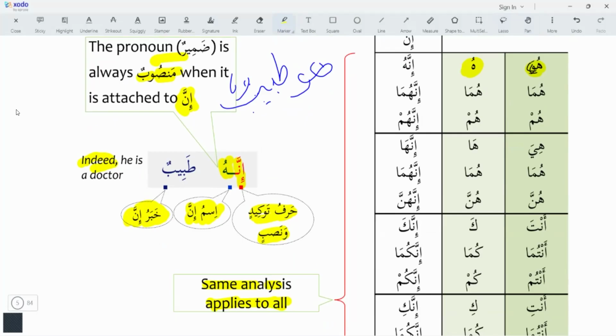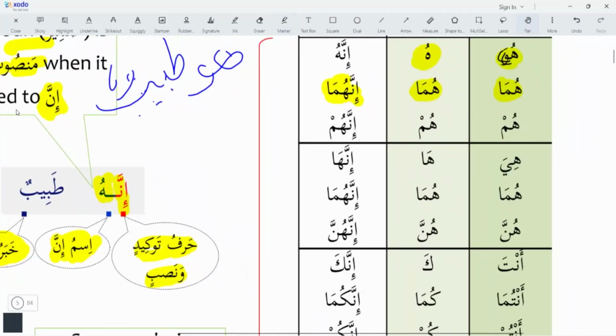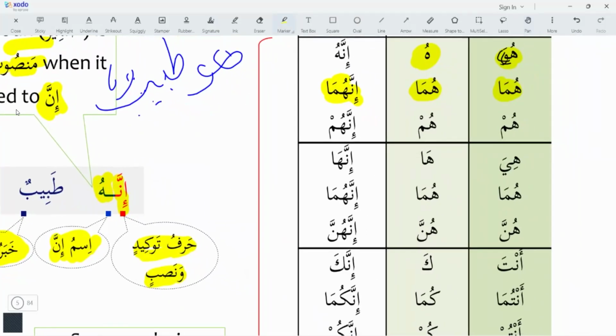So when we attach with huma, its attached pronoun is huma, the same. And when we attach it with inna, it becomes innahuma. With hum, its attached pronoun is also hum. It becomes innahum.